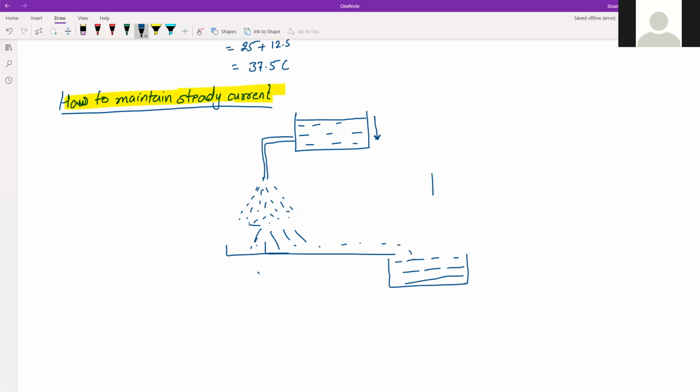And here I use a pipe and a pump, which will lift this water and take it back to this height, or the overhead tank. So this is how we are going to maintain it.